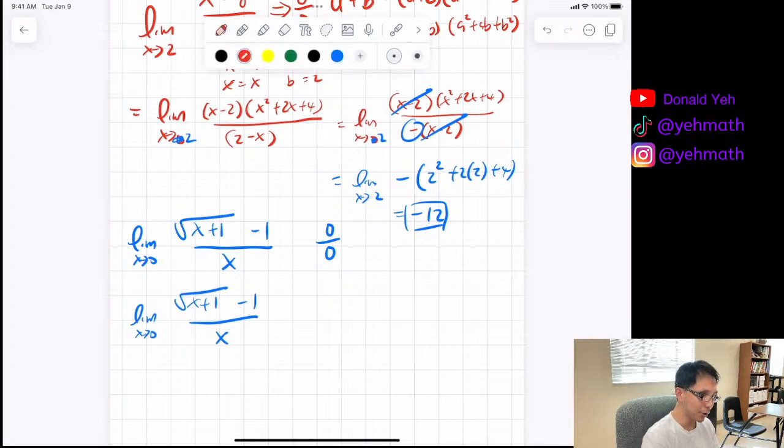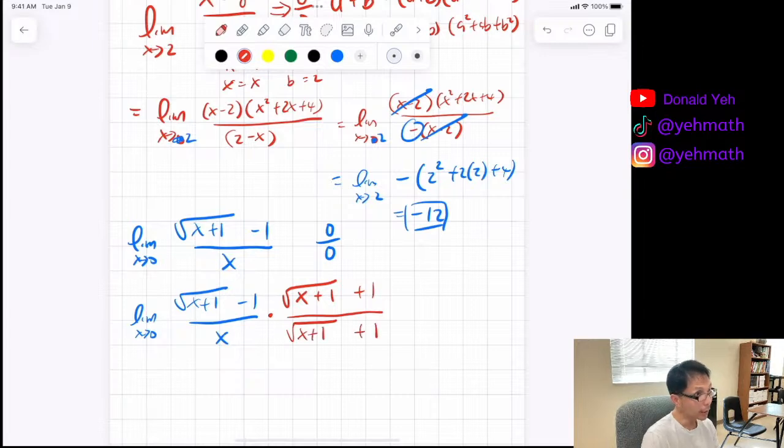So what is a conjugate? It's not flip. Opposite sign of the radical. Does that make sense? Is that okay?